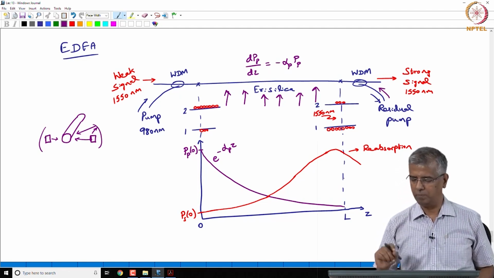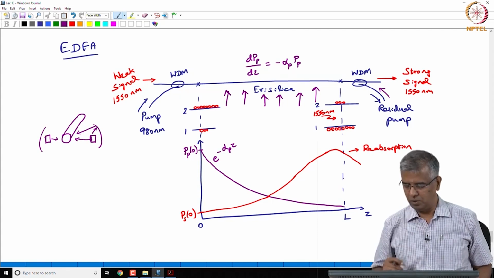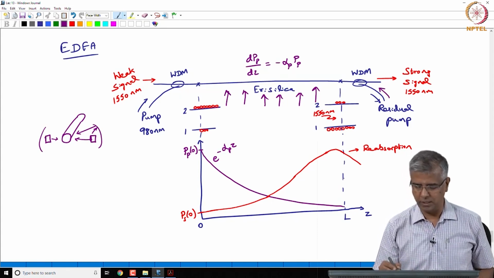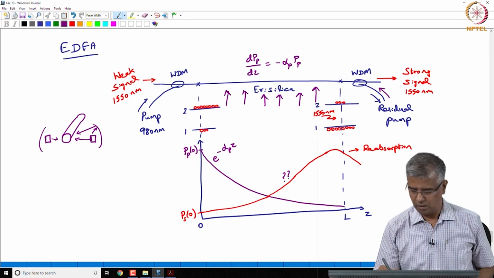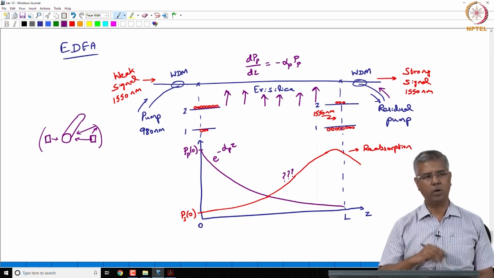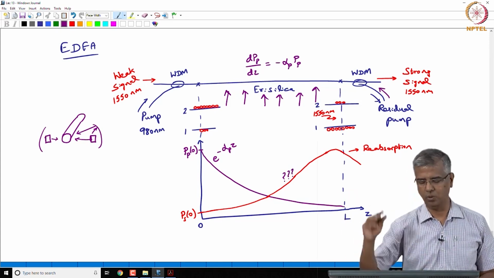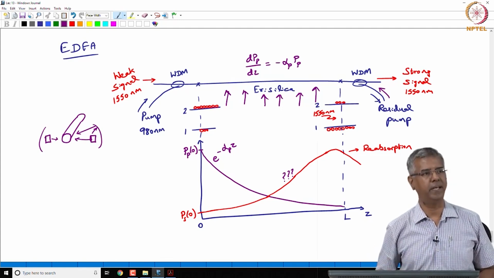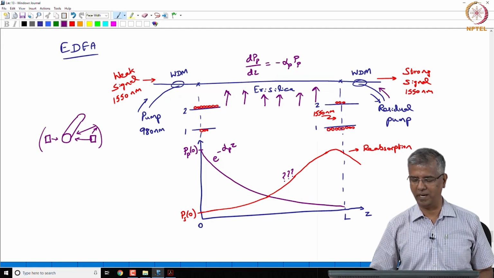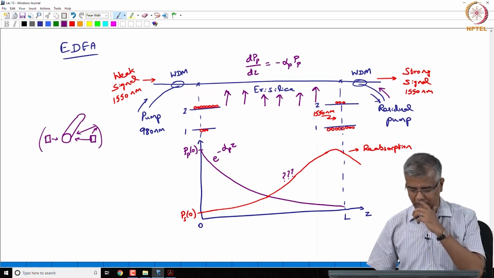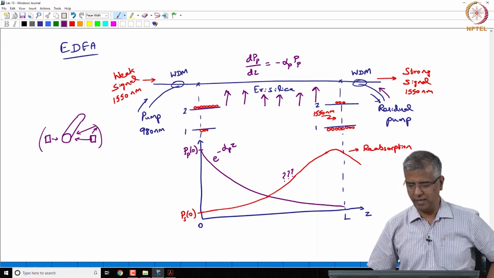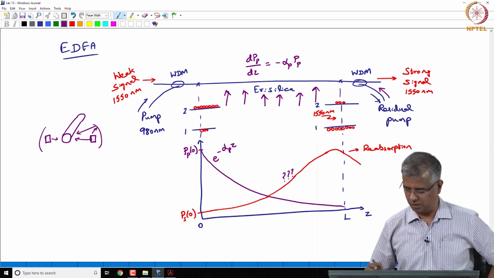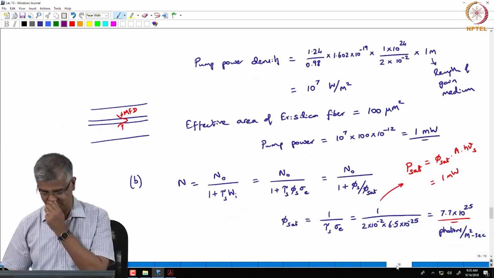Okay, so the question is, what is this dependence? How does that signal gain vary as a function of length? How do you evaluate this? Now, to evaluate this, you actually have to consider one particular point which we have so far sort of neglected.